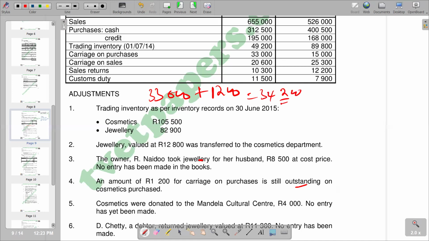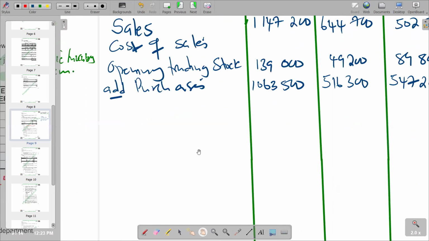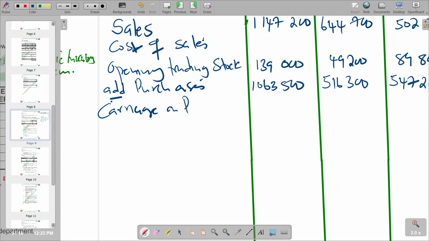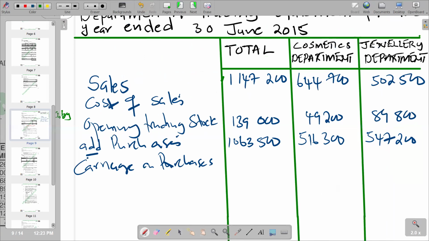So this is the same figure that is going to come there as our carriage on purchases. We've got our column for cosmetics. That's where we're going to enter the figure that we got, 34,200.